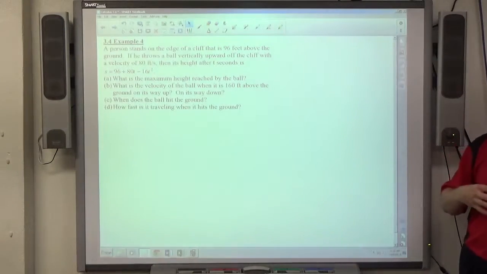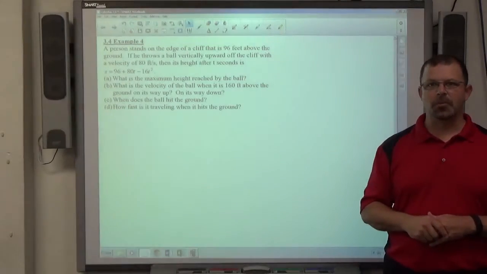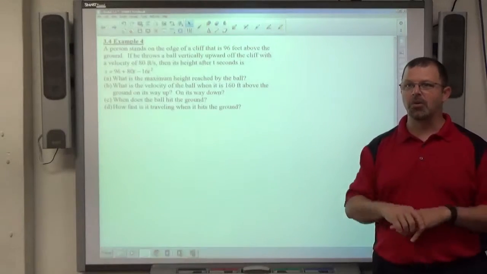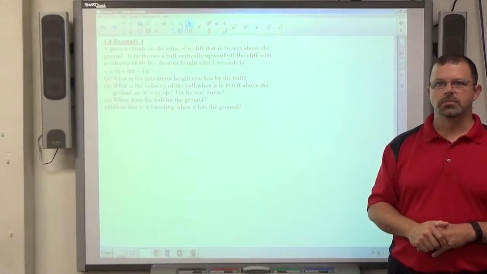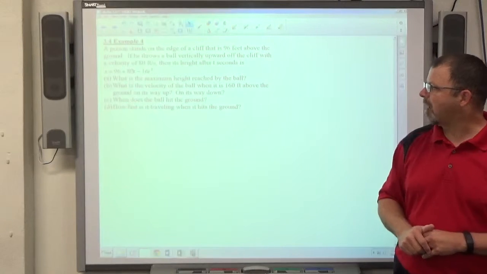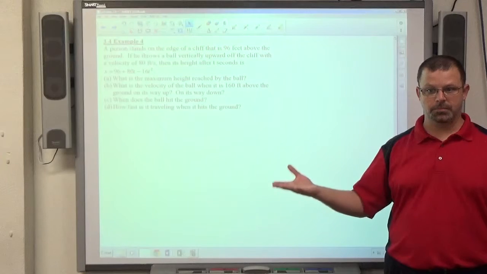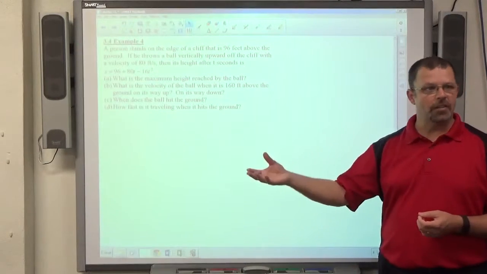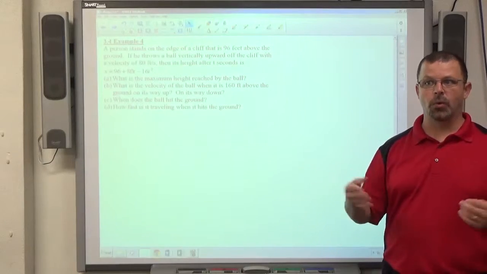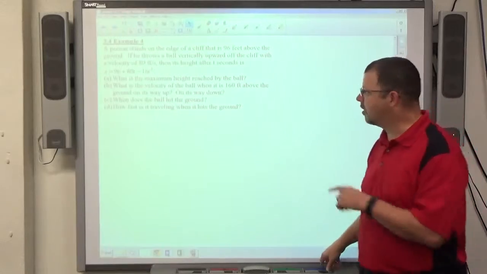What do I know about the physical attributes of projectile motion that tells me there's a way to find out what t equals? What happens when the ball reaches its maximum height? It stops. The velocity is 0. When the velocity is 0, that means the ball stopped. So that's question A.